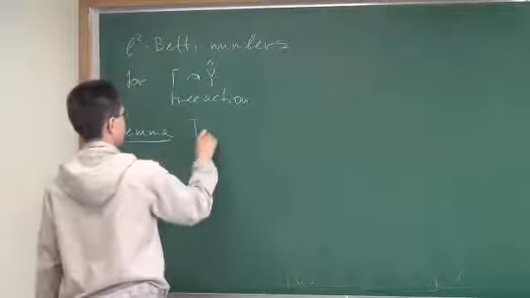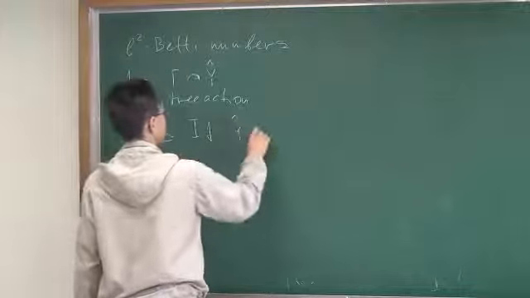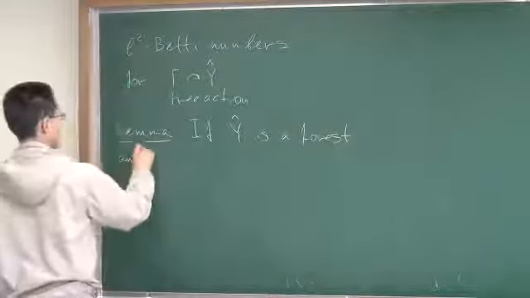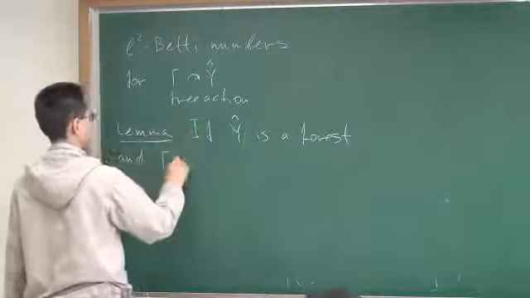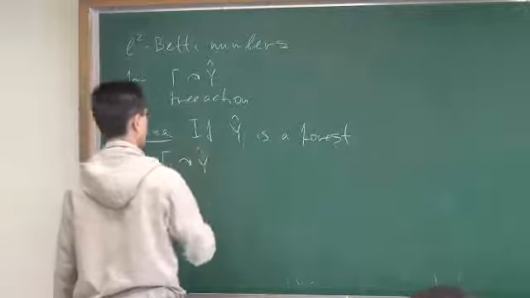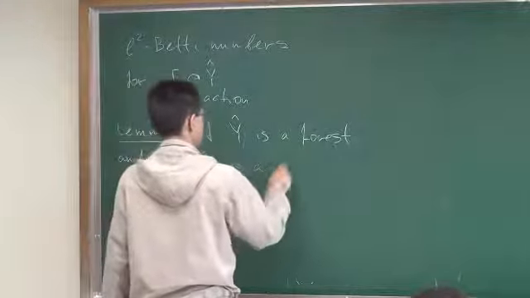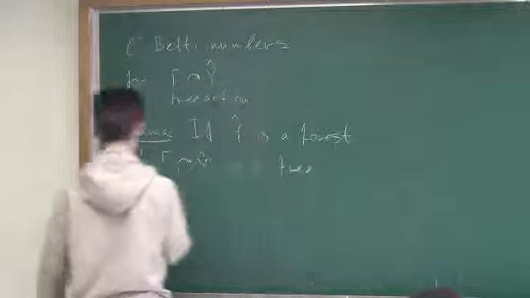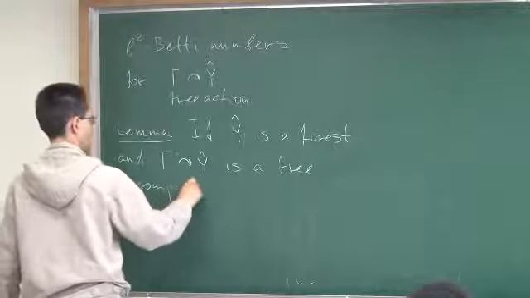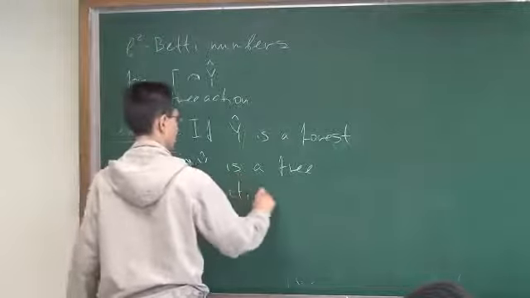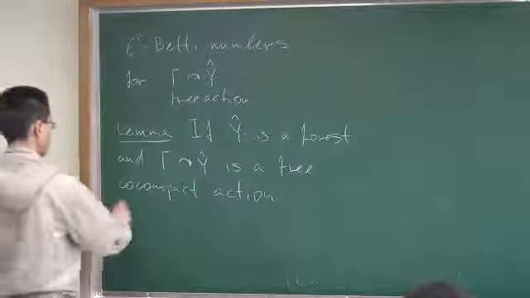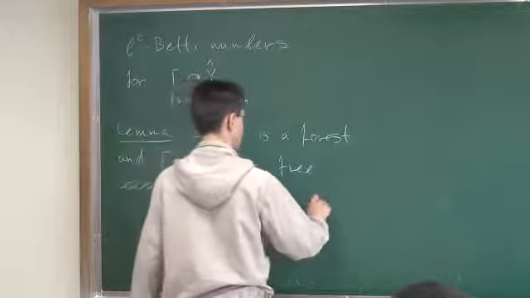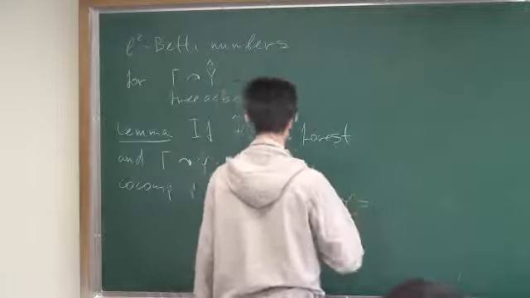says that if y hat is a forest and we have a free and co-compact action on this forest, then I need a notation here: we denote y to be the quotient.